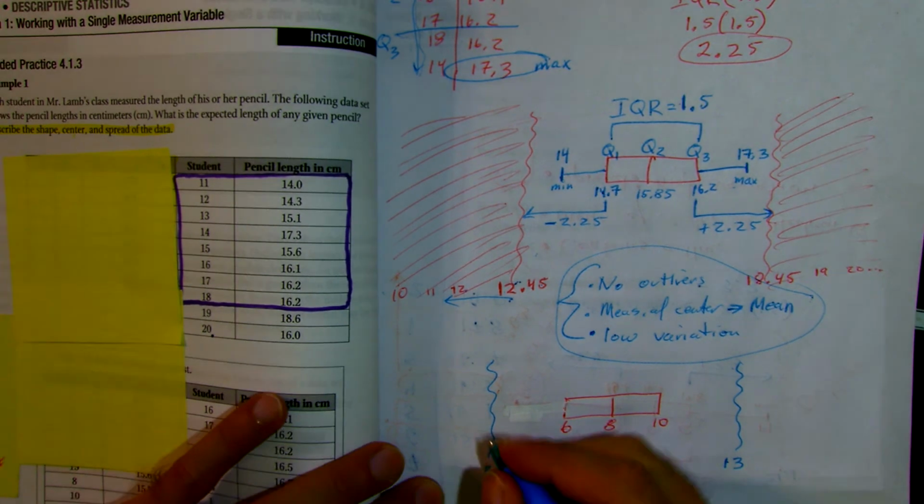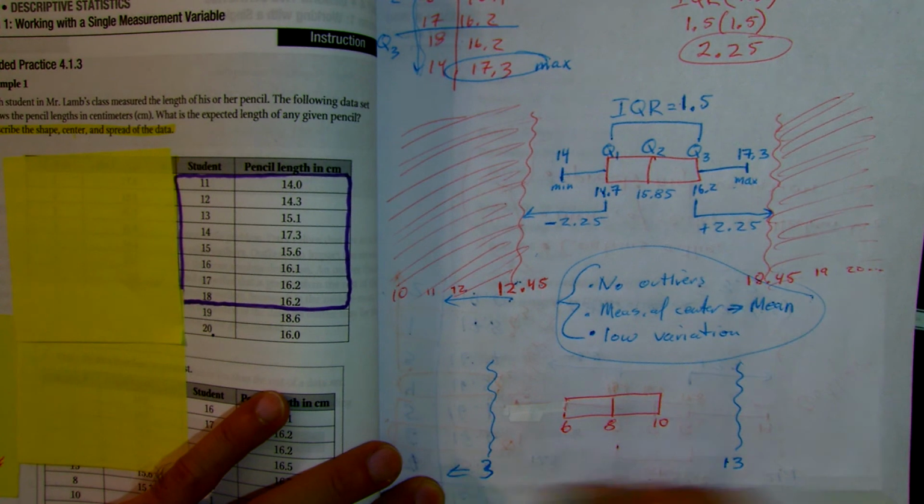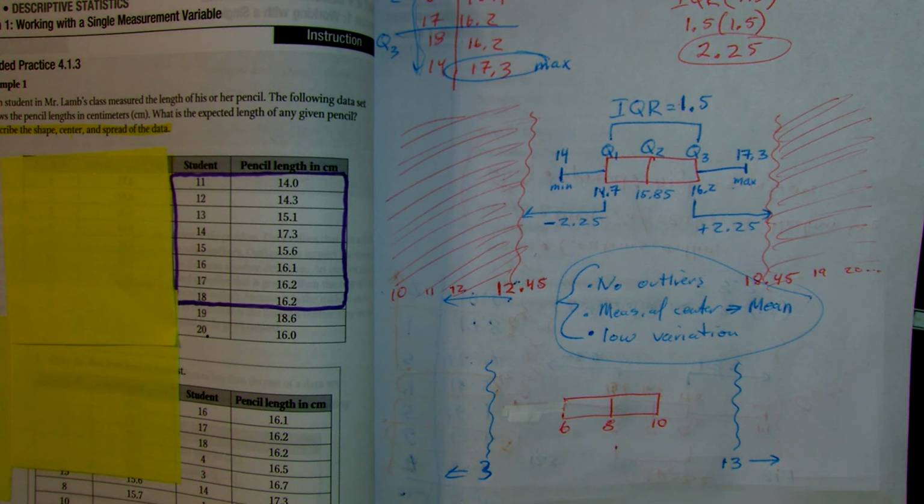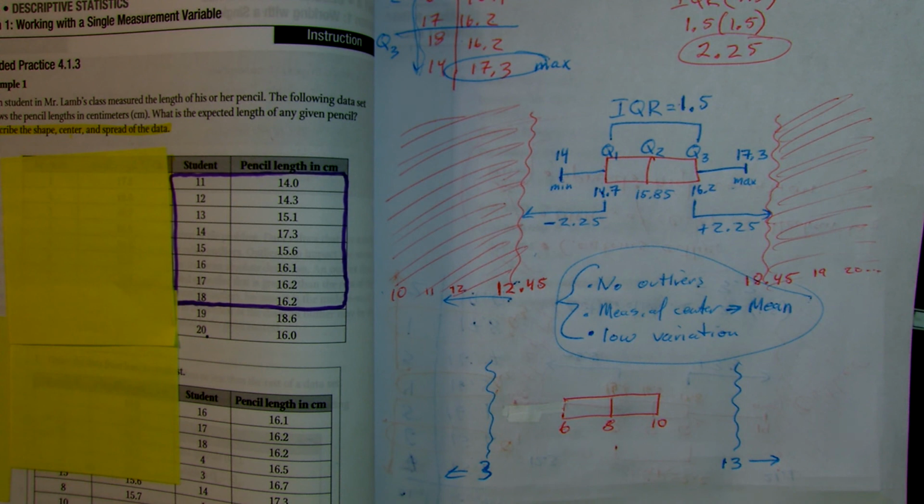Is 15 an outlier in this situation? Good. Is 4 an outlier? Thank you for those responding. Wait, what does that mean, Jacqueline? I don't know what that means. You said both. Is 4 an outlier? Okay, good.